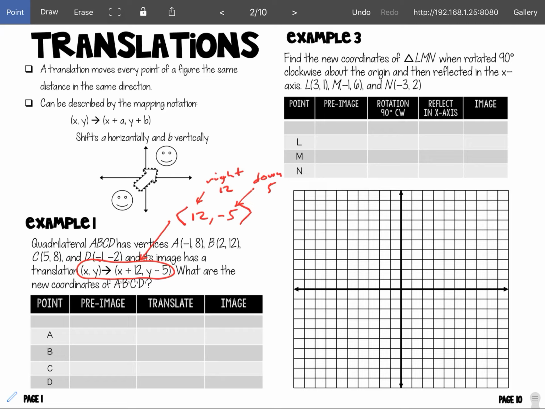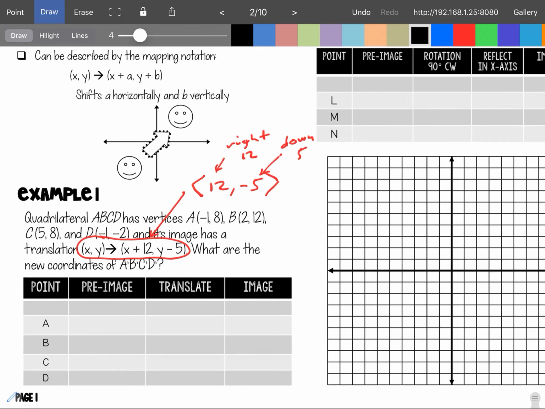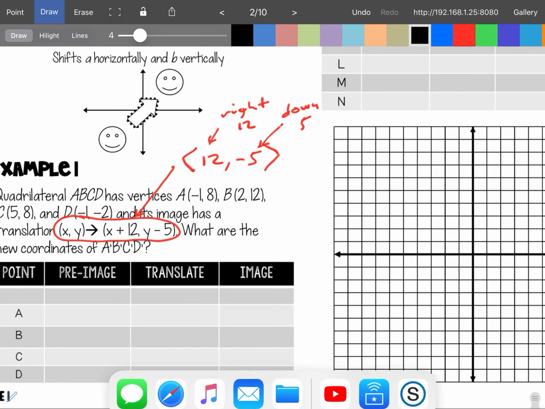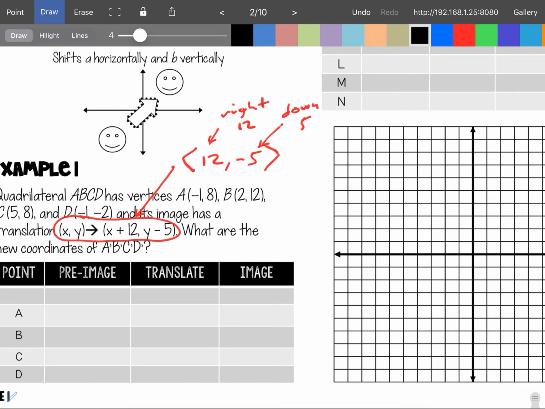Okay, so if we write these points down real quick, we've got point A at negative 1, 8. That's the pre-image.